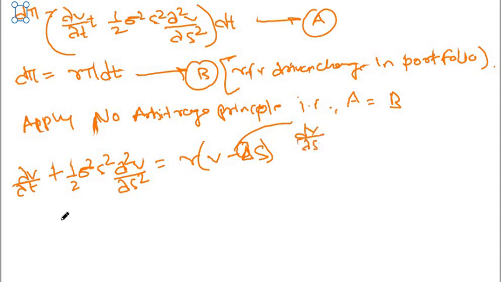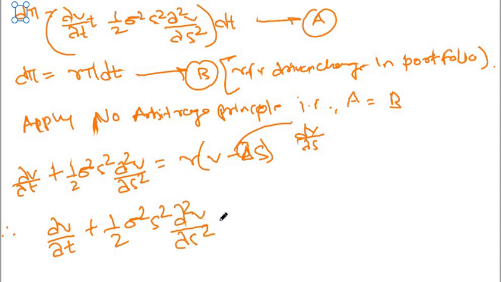So what would your final equation be? Therefore the final equation would be delta V by delta T plus half of sigma square S square delta square V upon delta S square.